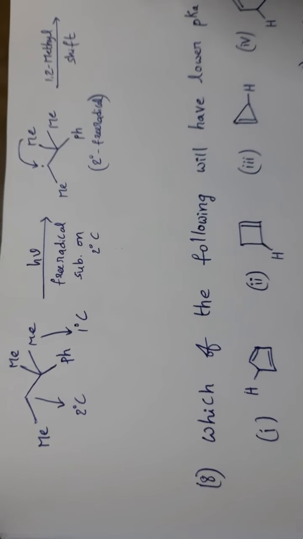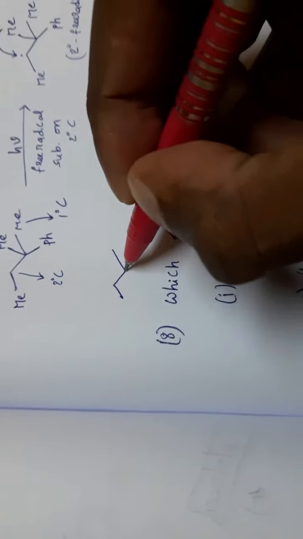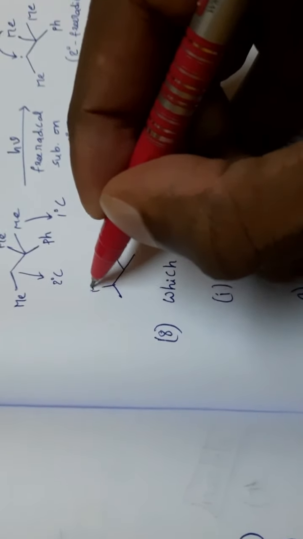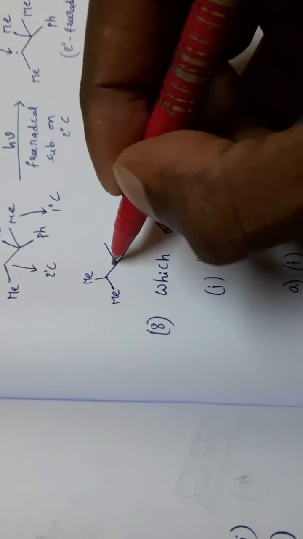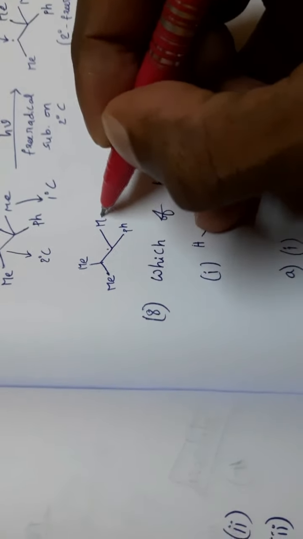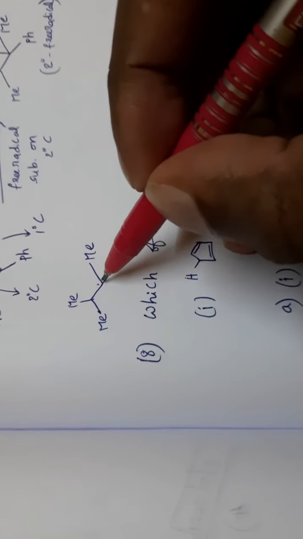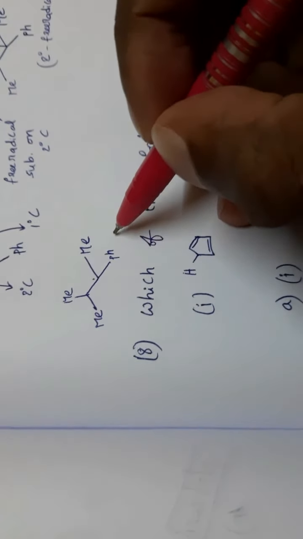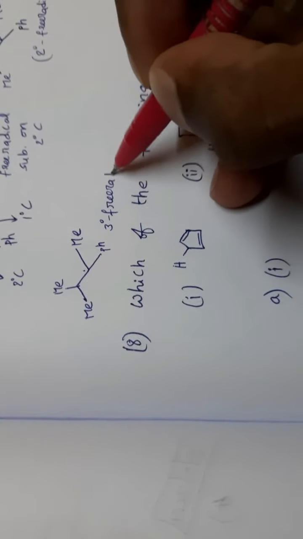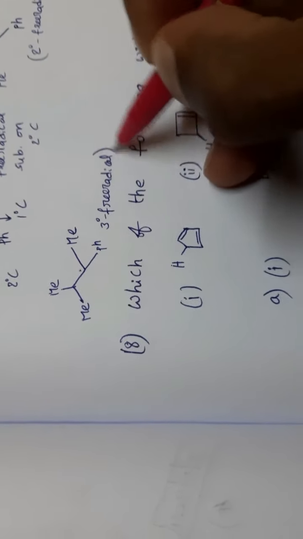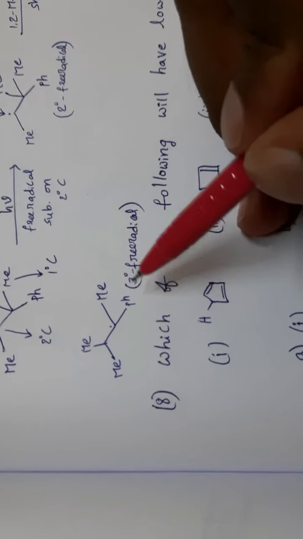Then we can get this: methyl, free radical, phenyl, methyl. What type of free radical is this? This is a tertiary carbon. So tertiary carbon having free radical, it is a tertiary free radical. So between this and this, it is more stable.